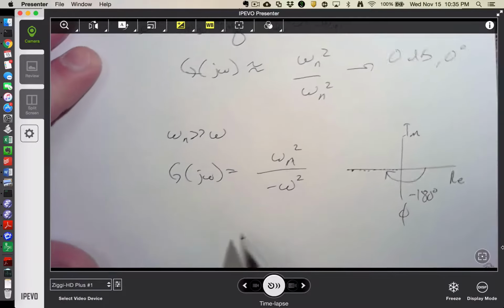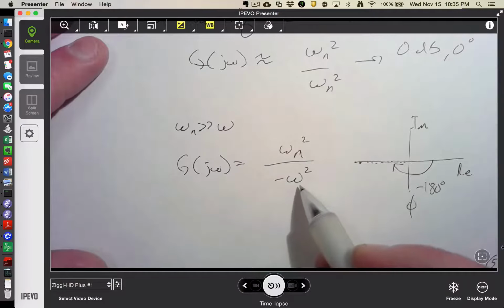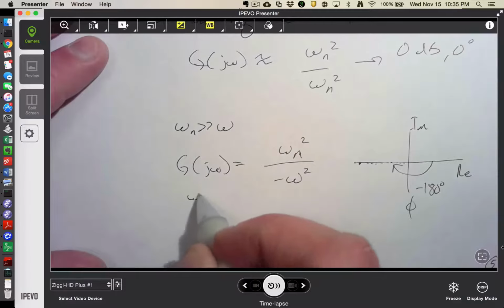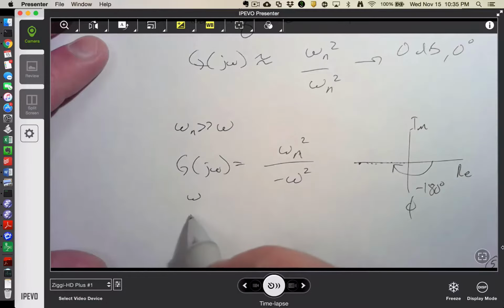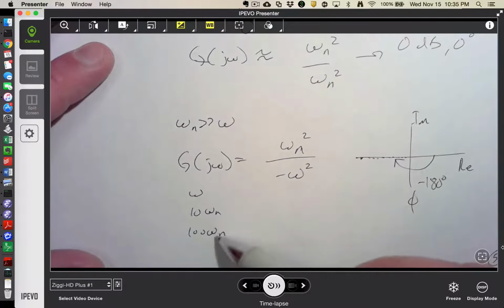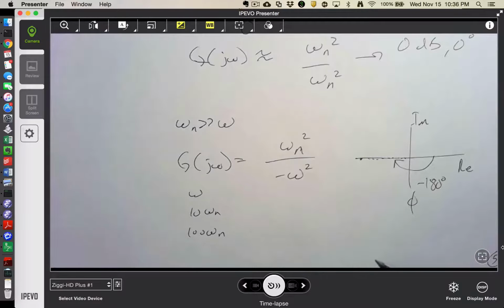But because it's an omega squared term, if omega were to increase by a factor of 10, so what if I had omega as, let's say, 10 omega n, and then 100 omega n. Every factor of 10 increase in the magnitude of omega would be a factor of 100 decrease.